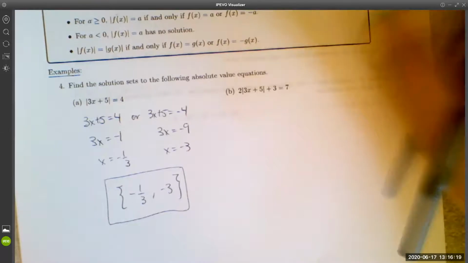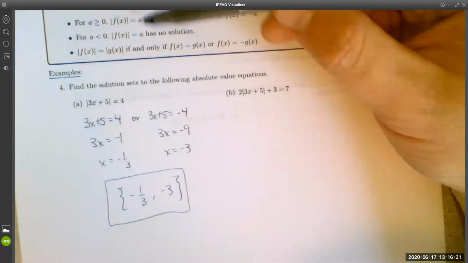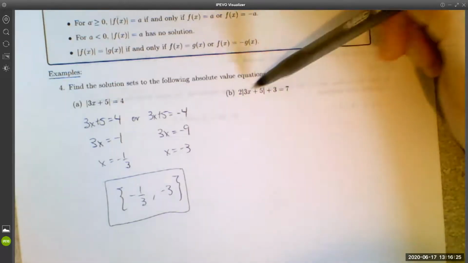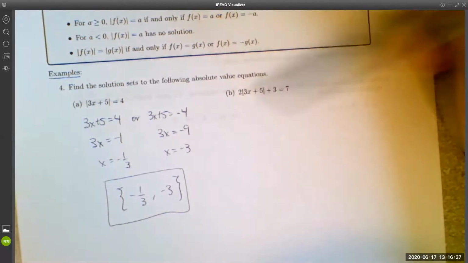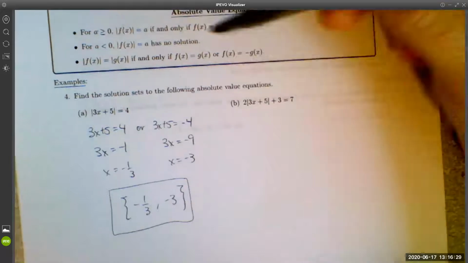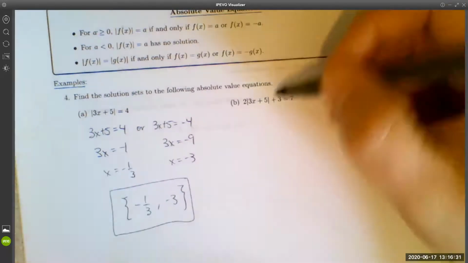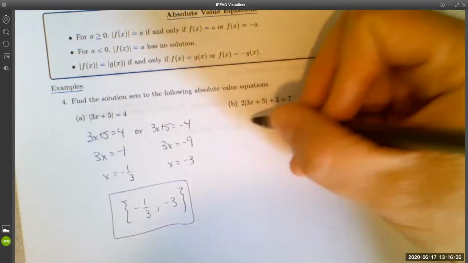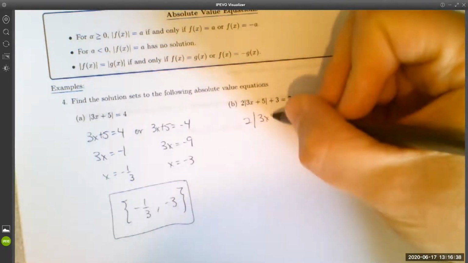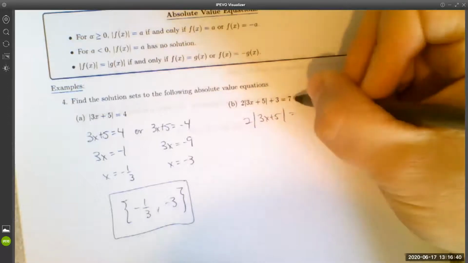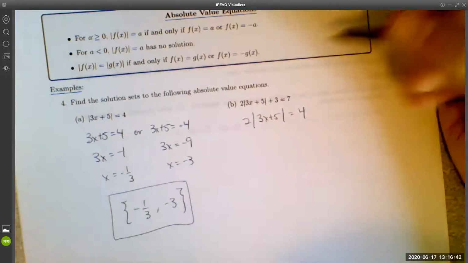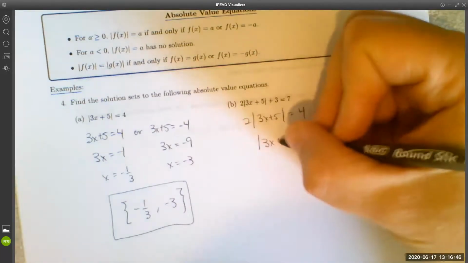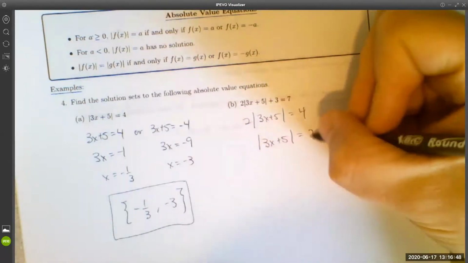Now part B, on the other hand, does not match this format because there's other stuff going on besides the absolute value. We have to solve for the absolute value first before we can apply one of these rules. So let's move this 3 over. We get 2 times the absolute value of 3x plus 5 equals 7 minus 3, which is 4. Then we can divide through by the 2 and get the absolute value of 3x plus 5 by itself equal to 2.